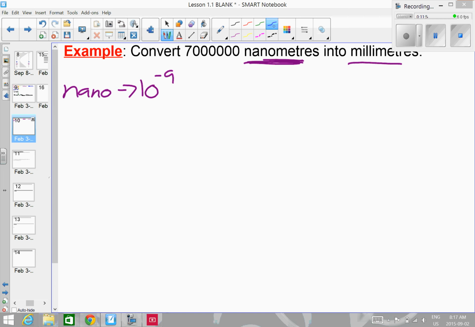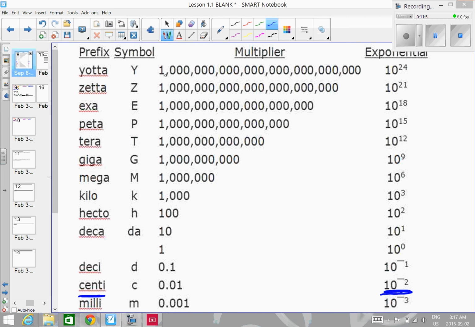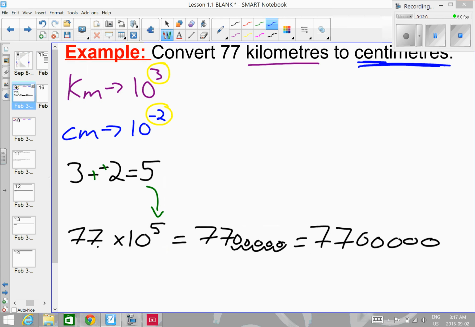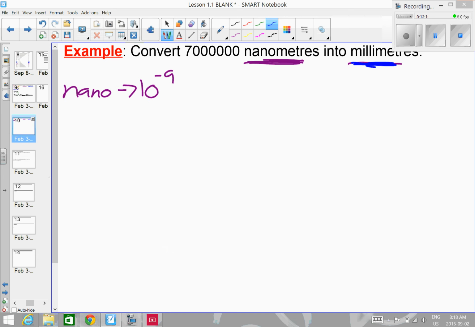Alright. Now let's find millimeters. Milli. There it is. Millimeters are 10 to the power of negative 3. So let's write that down. Milli is 10 to the power of negative 3.